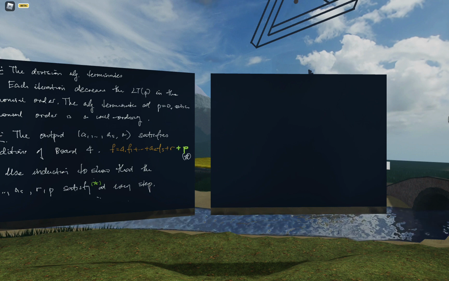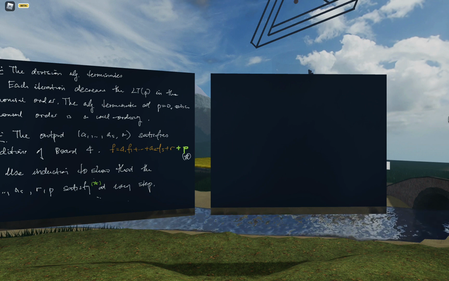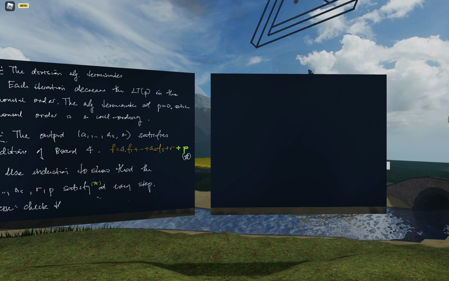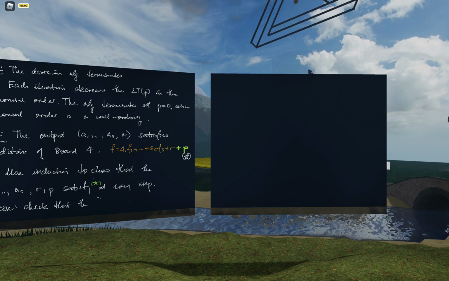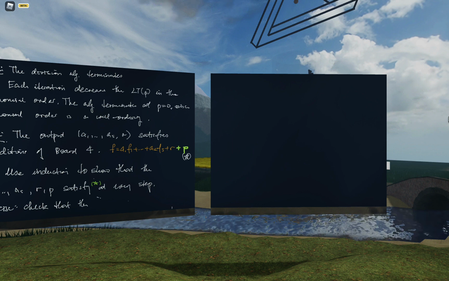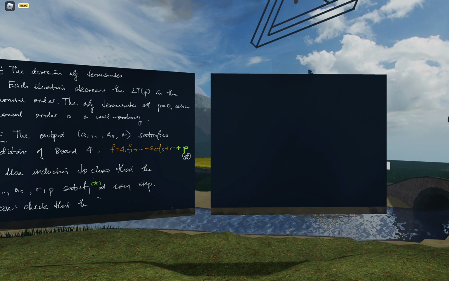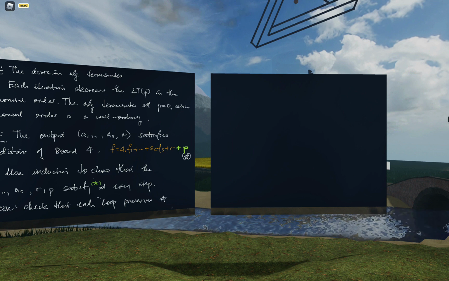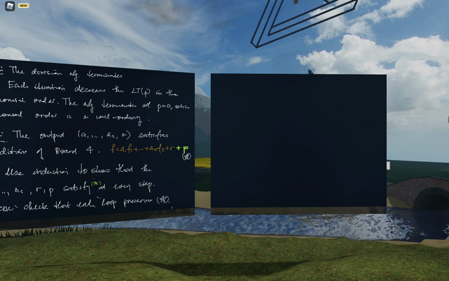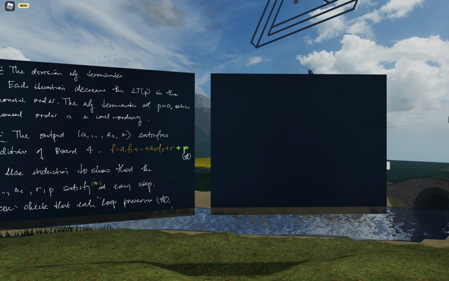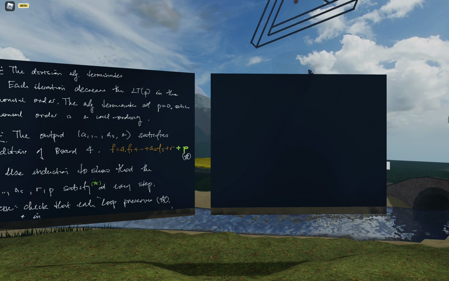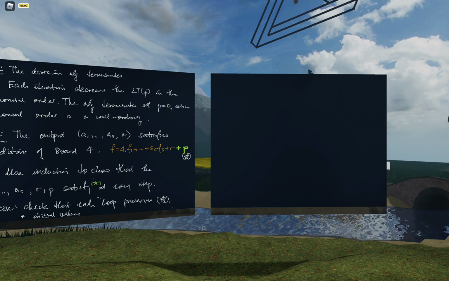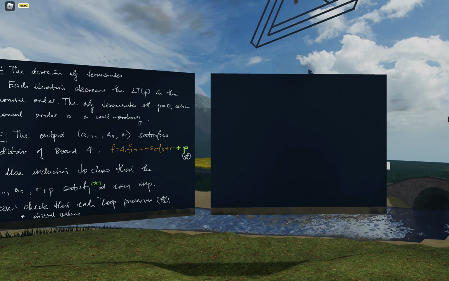I'll leave that as an exercise: check that each loop and the initial values preserve star. That's just algebraic manipulation.